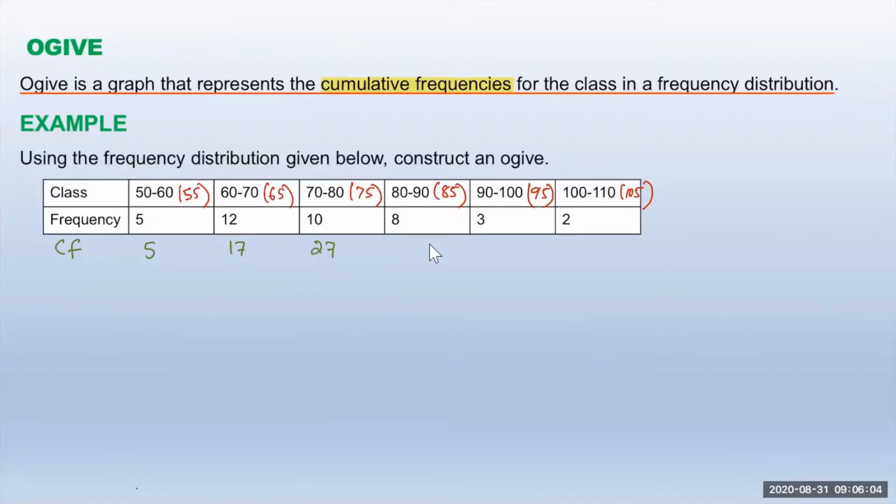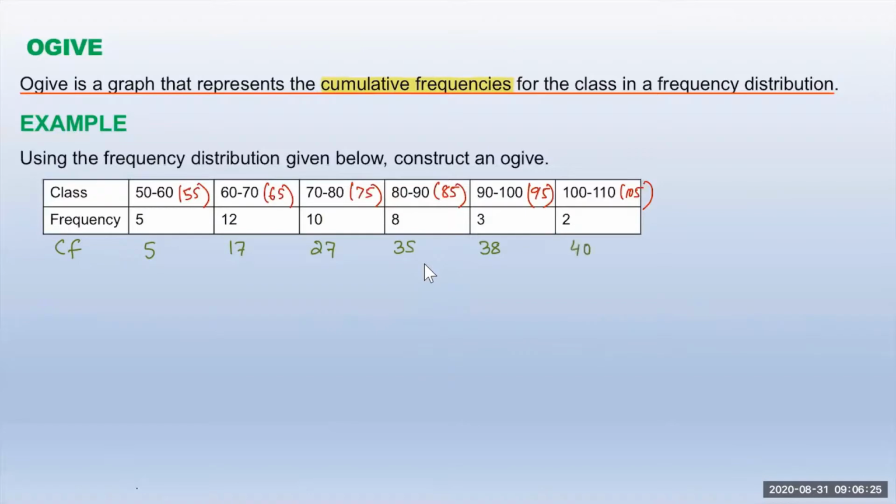The next one will be 8 plus 10 plus 12 plus 5, so that will be 35. Next, we have 3 plus 8 plus 10 plus 12 plus 5. If you add all of them, that is 38. Then we have 2 plus 3 plus 8 plus 10 plus 12 plus 5, which is equal to 40.